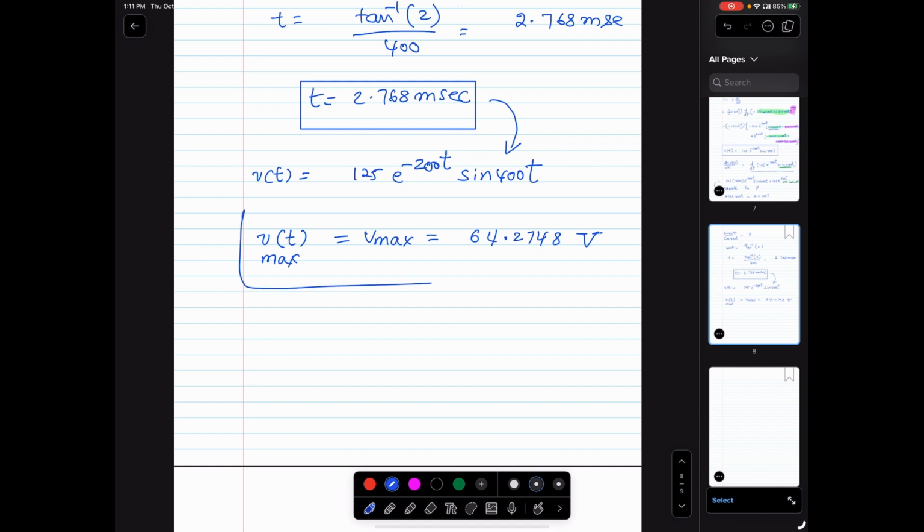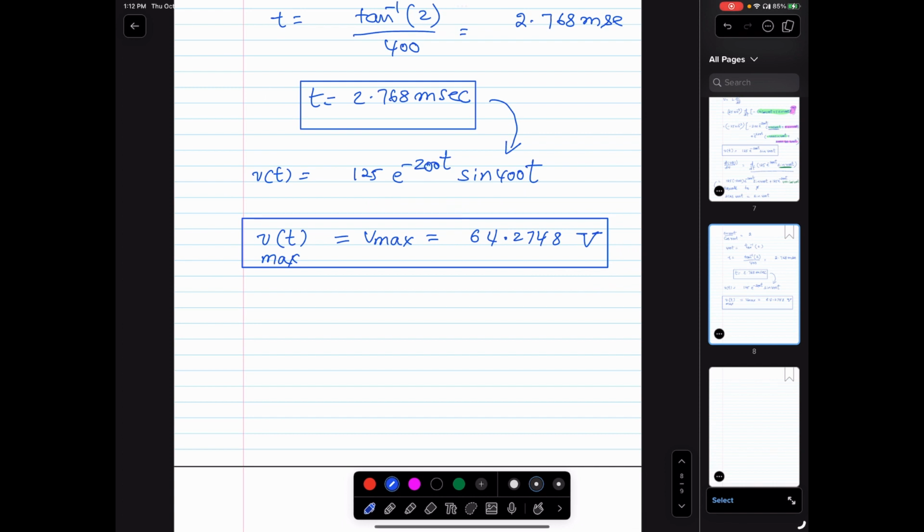So this is the other part of the problem. All we have done is to use V equals L di by dt, take the derivative of V, equate that to 0, and once we get a value for t, plug that into the expression for v of t. Straightforward problem.